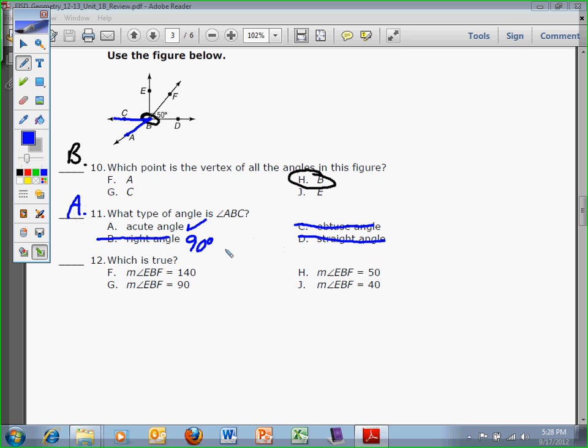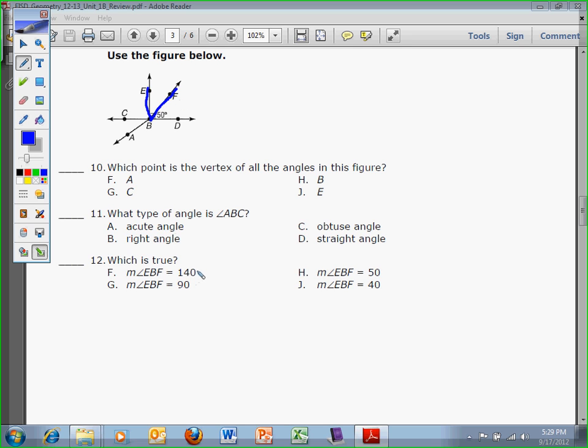Number 12, which is true? Alright, angle EBF, let's go ahead and reset this. So angle EBF is 140. Well, you can see from here, EBD, this right angle is 90, and EBF is less than 90.